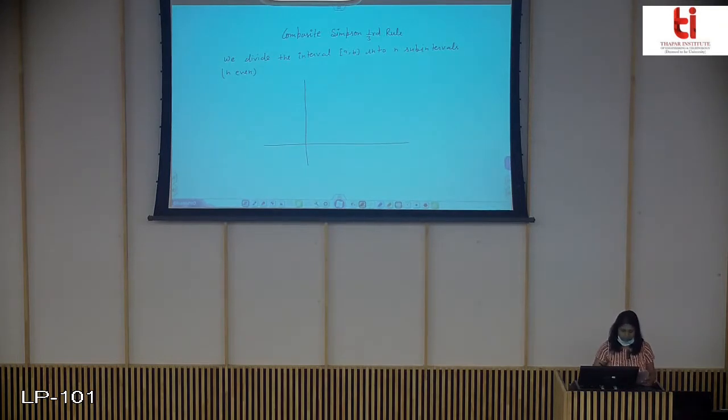Let us suppose there is some function, y equal to f(x), and a is this point, b is this point. Then we divide the whole interval AB into equal subintervals.